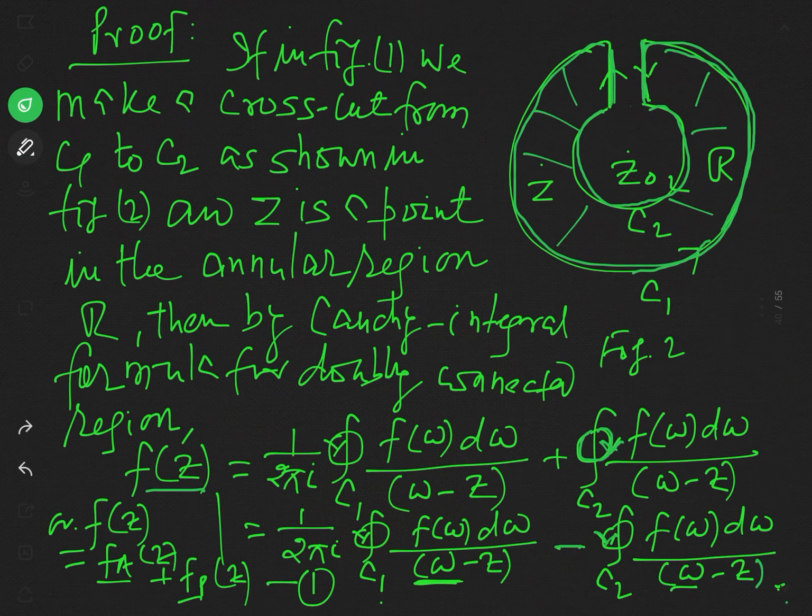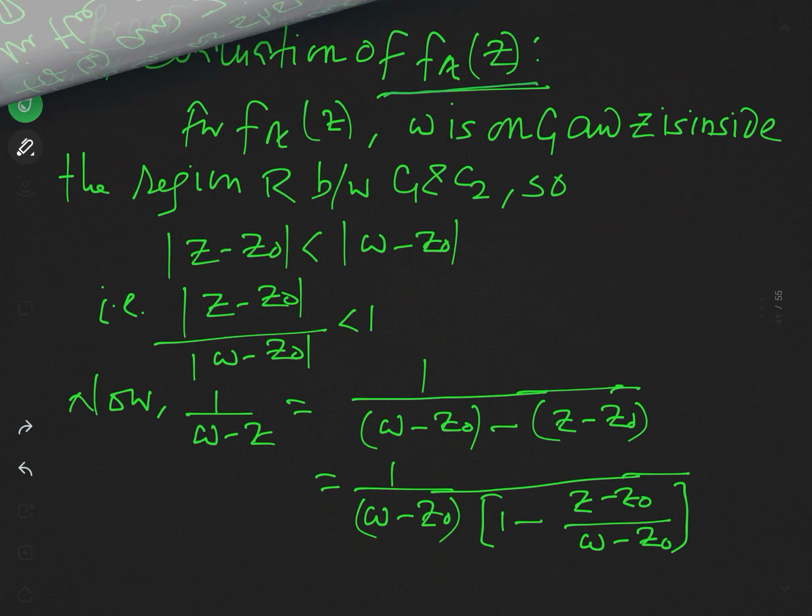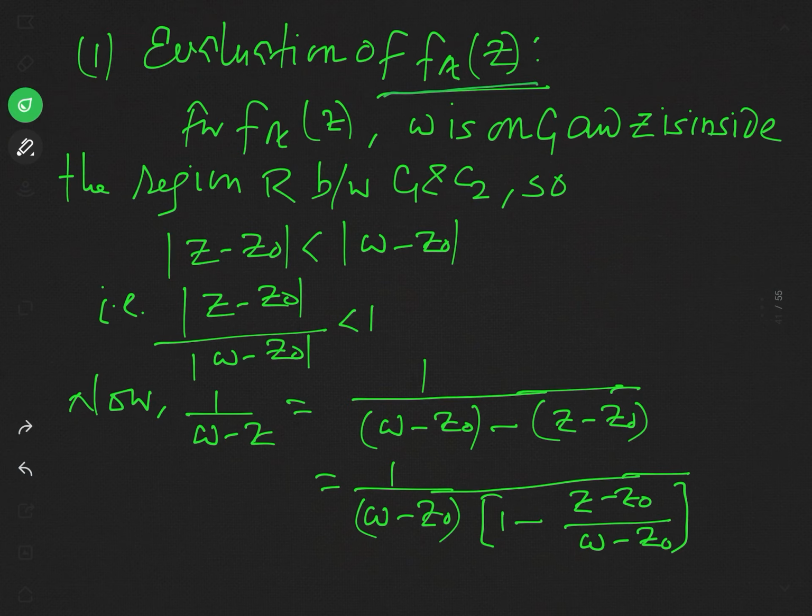So in this case, we can easily say that when the point W lies on the circumference of the circle C1, in that condition, modulus of Z minus Z0 will be less than modulus of W minus Z0, as you have seen from that figure. And so the ratio Z minus Z0 over W minus Z0 in modulus form will be smaller than 1.